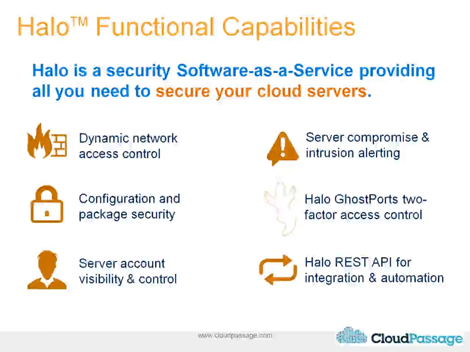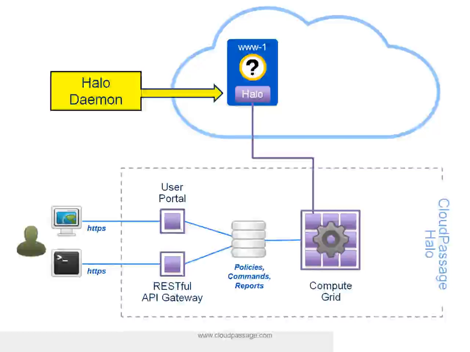So moving forward to the next slide, what we actually provide, won't go into a huge amount of detail on this. We will be doing additional webinars that go into deep dives on various areas and actual demos, full demos, but we provide network access control, configuration, security, compliance monitoring, server account management, both auditing and the ability to manage who has accounts on the servers, intrusion detection and intrusion prevention, two-factor authentication for network access to servers that you can set up in about 5 minutes, really, really fast, really neat technology.